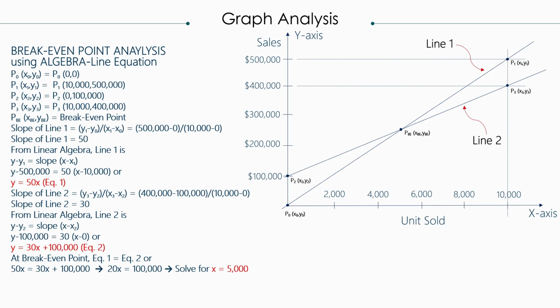Then solve for x: 100,000 divided by 20 equals 5,000, which is the same as the graphical analysis. Using equation 1, y equals 50x equals 50 times 5,000 equals 250,000, which is the same as in the graphical approach.